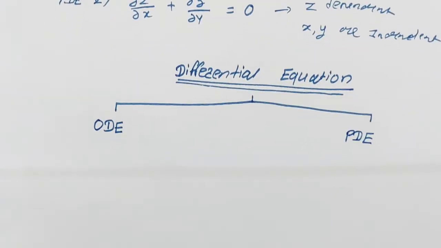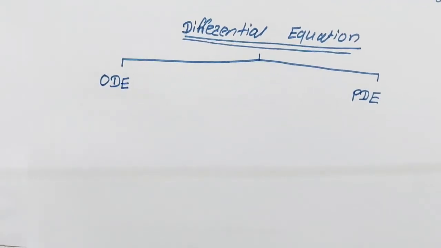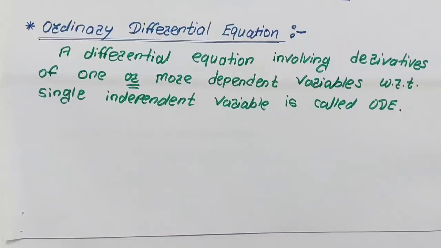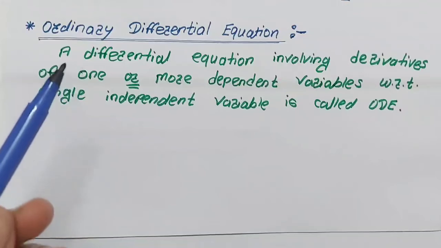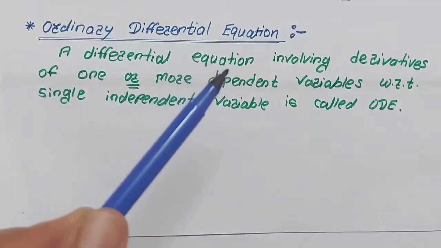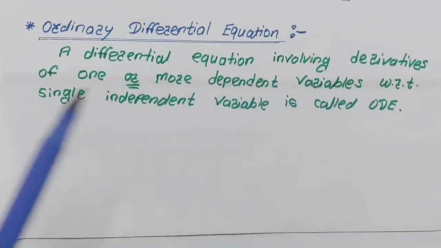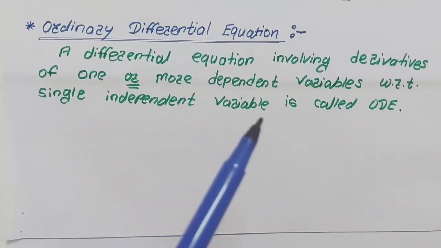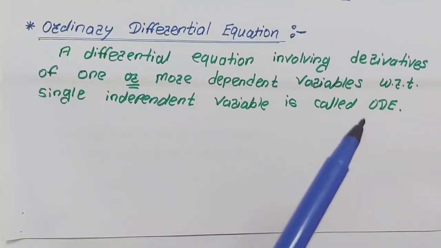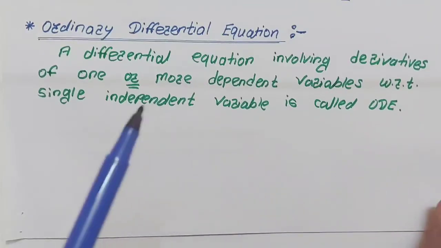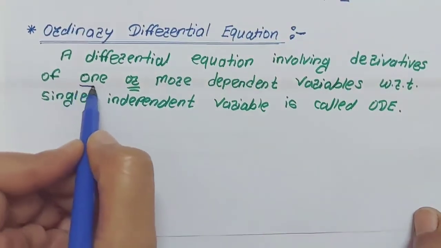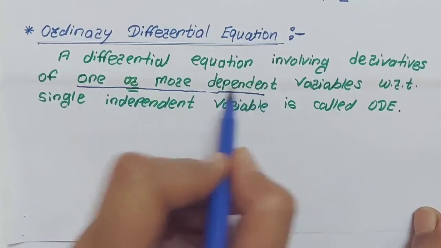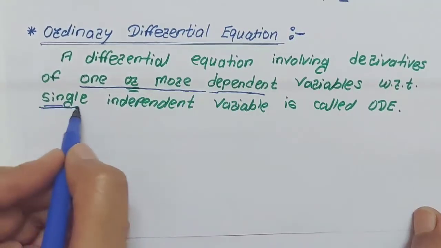Now we see the definition of an ordinary differential equation. What is an ordinary differential equation? A differential equation involving the derivatives of one or more dependent variables with respect to a single independent variable is called an ordinary differential equation. See here, it contains one or more dependent variables but a single independent variable.